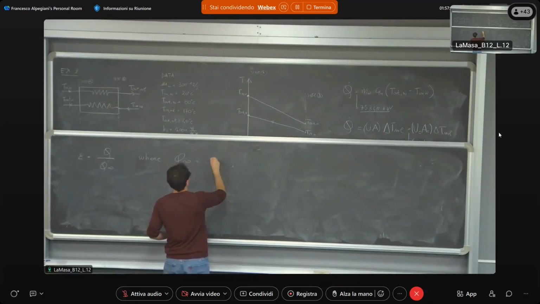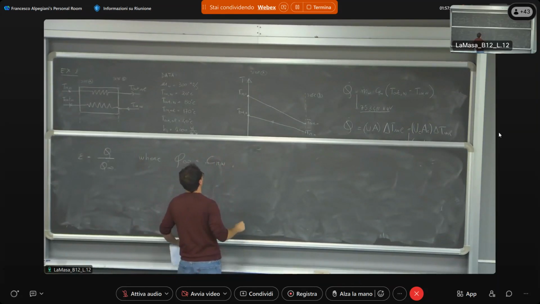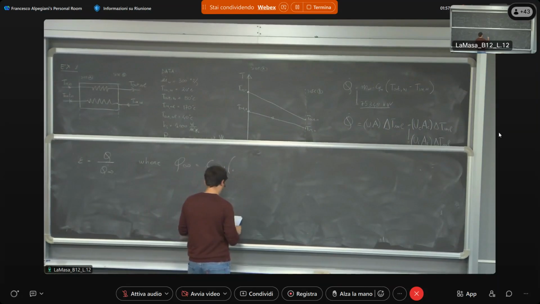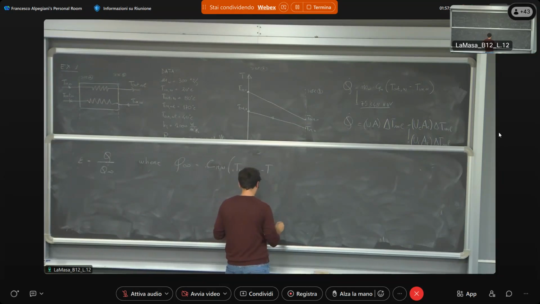In other words, it is equal to the lower heat capacity between the two fluids times the temperature at the inlet of the hot fluid minus the temperature at the inlet of the cold fluid.